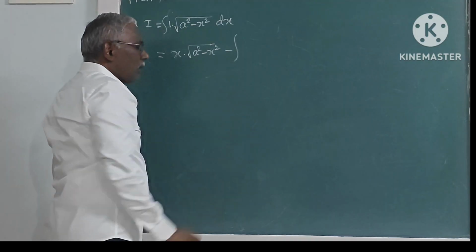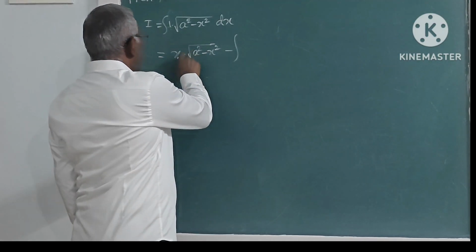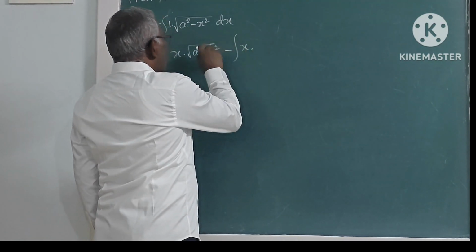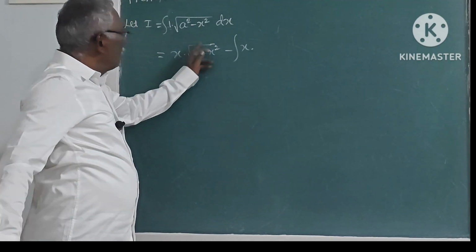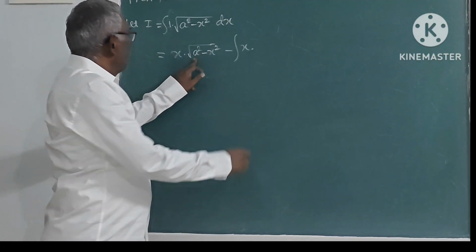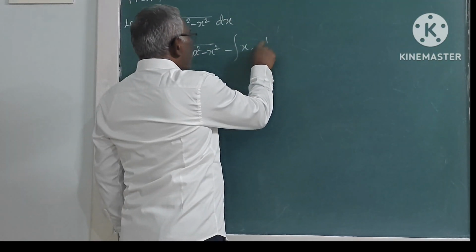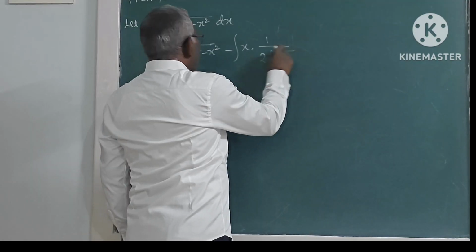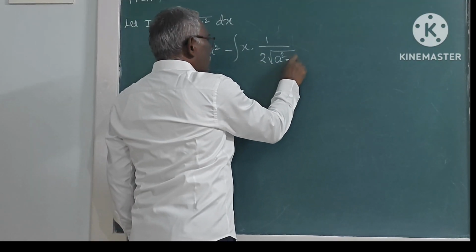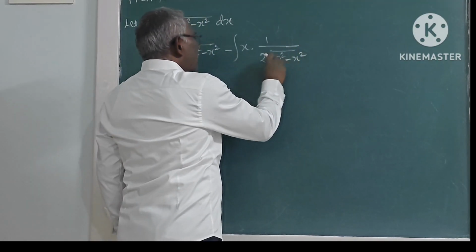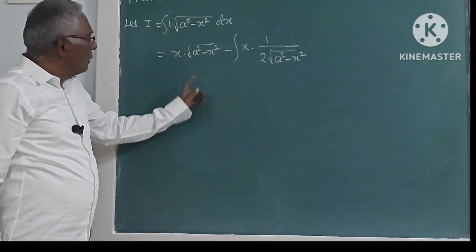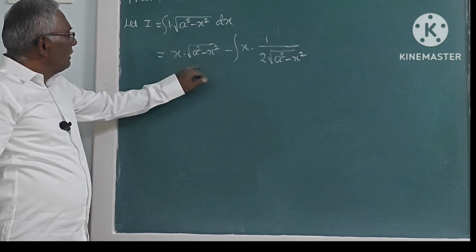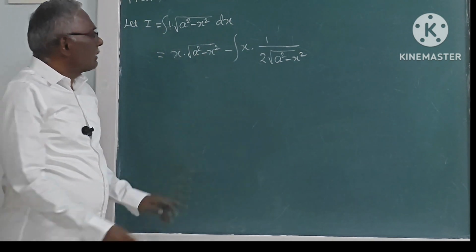minus integral of integrated function, that is x into differentiation of the other function. So this will be 1 by 2 times square root of a square minus x square. Again this is not x, so we have to differentiate this further, 0 minus 2x.